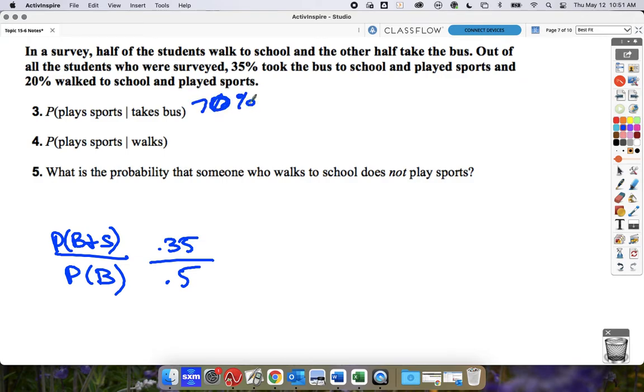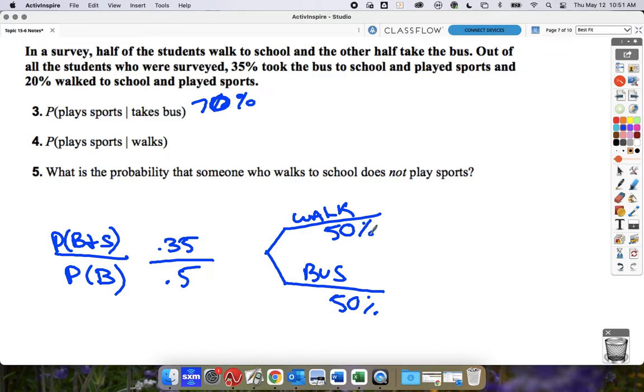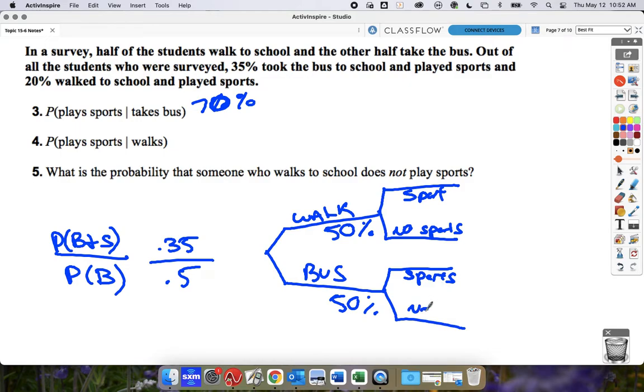I got it. Can I show you what I did? Walk, bus. 50% walk, 50% take the bus. And we have sports and no sports, sports and no sports.